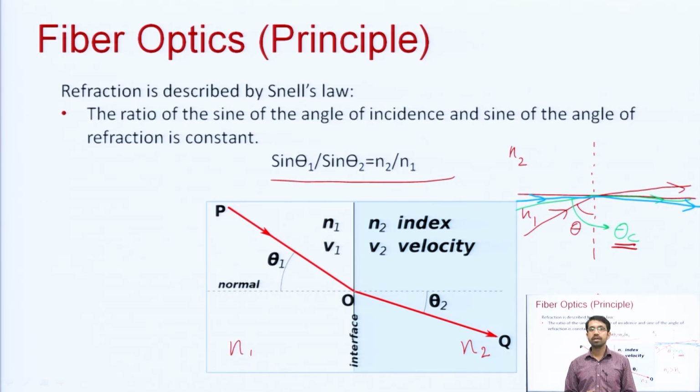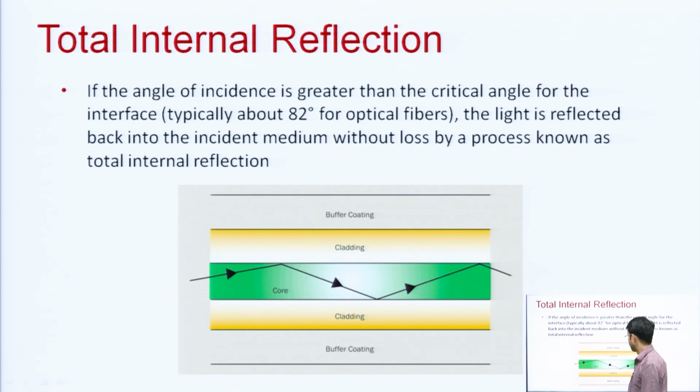And it only occurs if the light ray goes from a denser medium to a rarer medium, because for this part the light ray will travel away from the normal. So, we use this concept of total internal reflection in optical fibers. Over here, as you can see, this is cladding, this is coating, this is core.